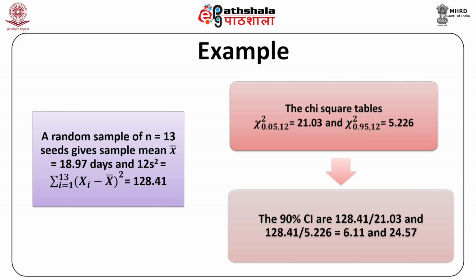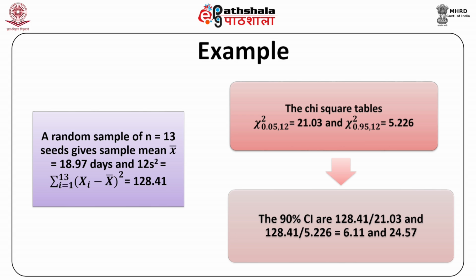Example 2. Let us assume that the time in days required for maturation of seeds of a flowering plant is normally distributed. A random sample of n equal to 13 seeds gives sample mean x bar equal to 18.97 days, and 12 s squared equal to the sum from i equal to 1 to 13 of xi minus x bar, the whole squared, which is equal to 128.41. We build a 90% confidence interval for sigma squared.